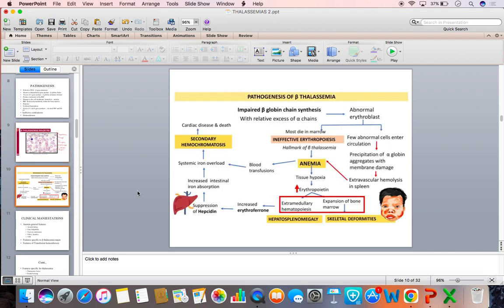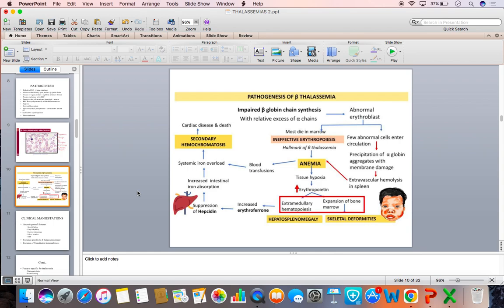And this slide explains the pathogenesis of beta thalassemia. What happens in beta thalassemia? There is impaired beta globin chain production because of the mutation of the gene controlling beta globin synthesis.